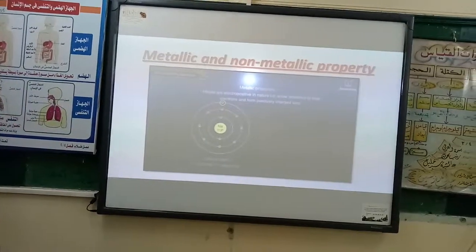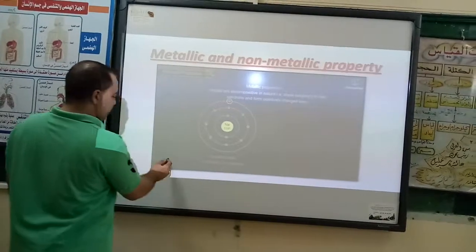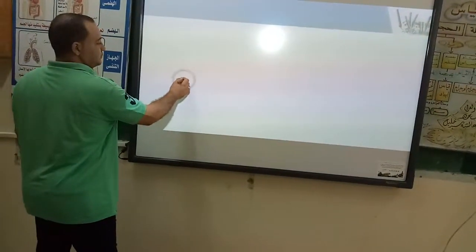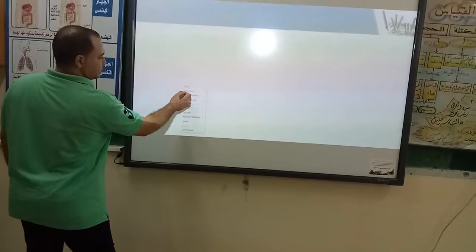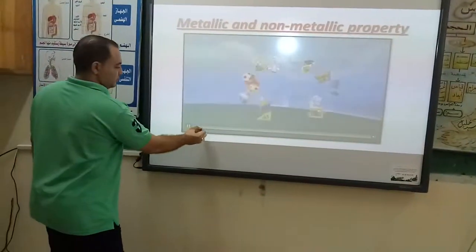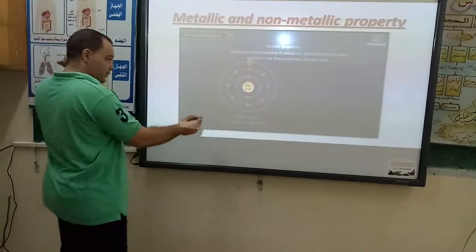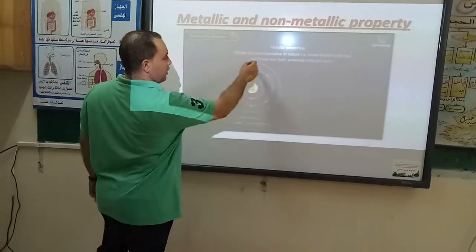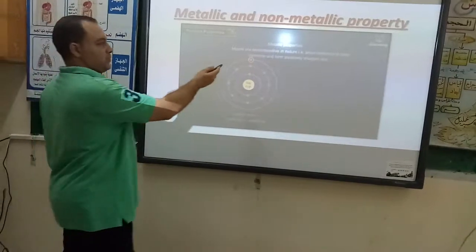and change to positive ion. So as sodium, it's positive sodium. Sodium has electronic configuration 2, 8, 1, so its outermost level has 1 electron.